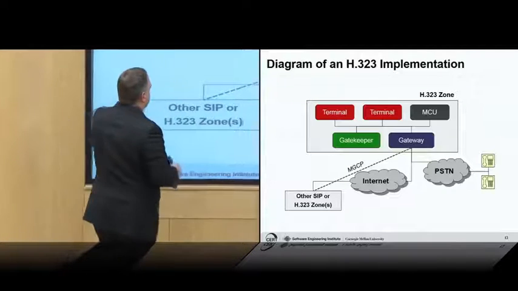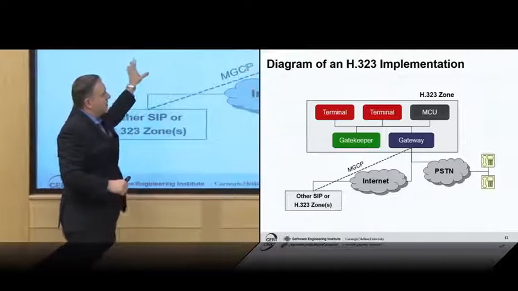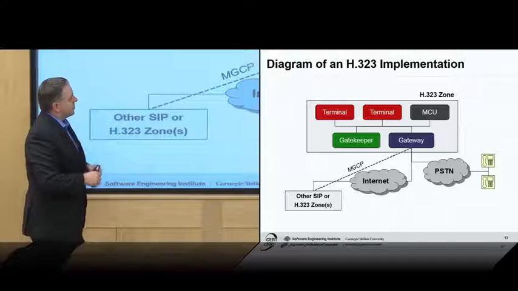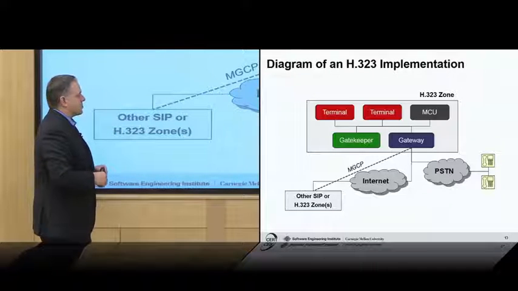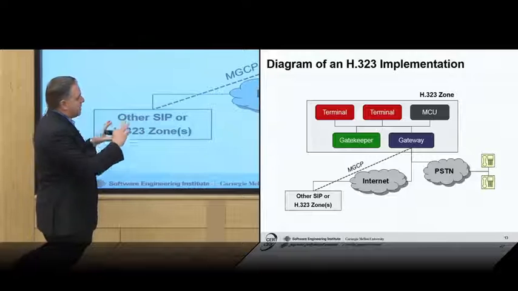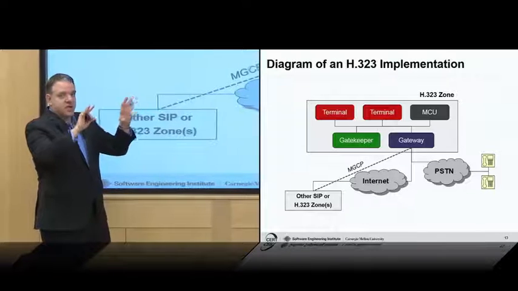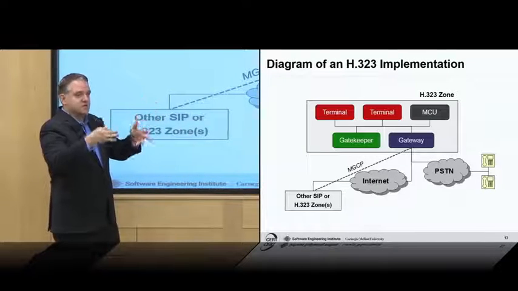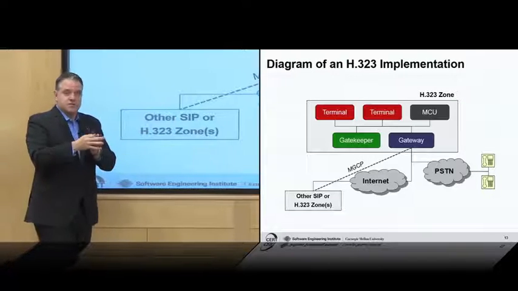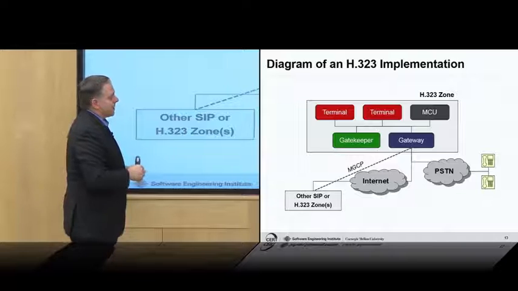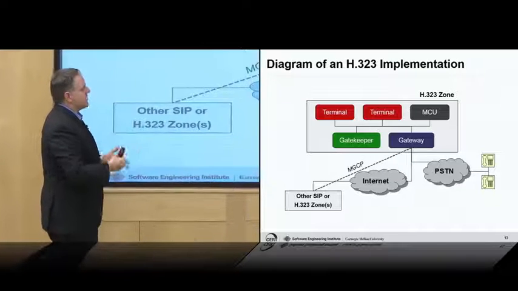And you can see up here in this big box, you've got your H323 zone, which includes the terminals, the gatekeeper, the gateway, multi-point control unit. All of that is considered a zone, and it could be entirely self-contained if you just wanted to have a voice over IP implementation that was just local phones, local extensions.